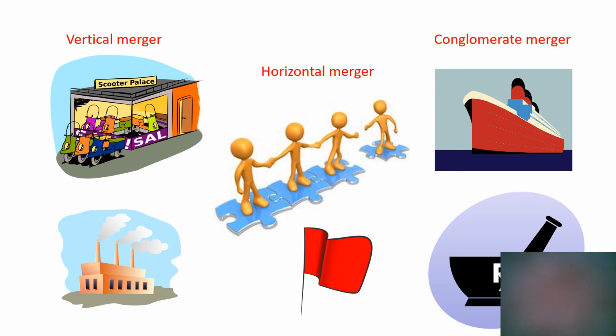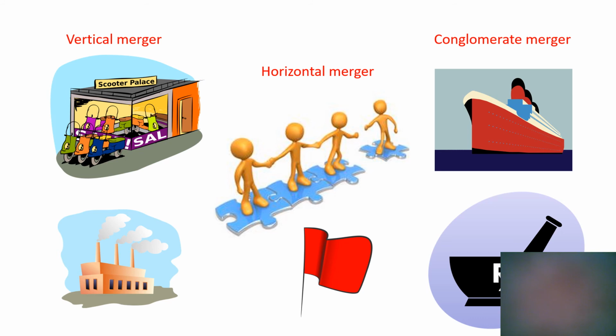In terms of monopoly and oligopoly, particularly with regard to oligopoly, government is concerned if there are mergers. A vertical merger means that they are perhaps going backwards or forwards.